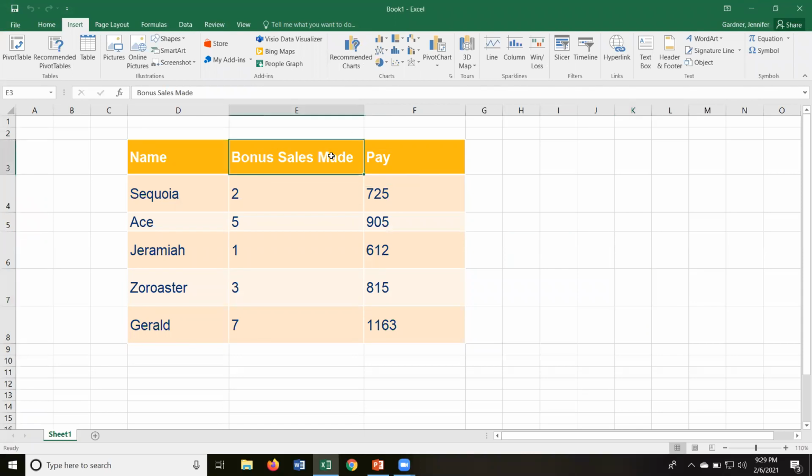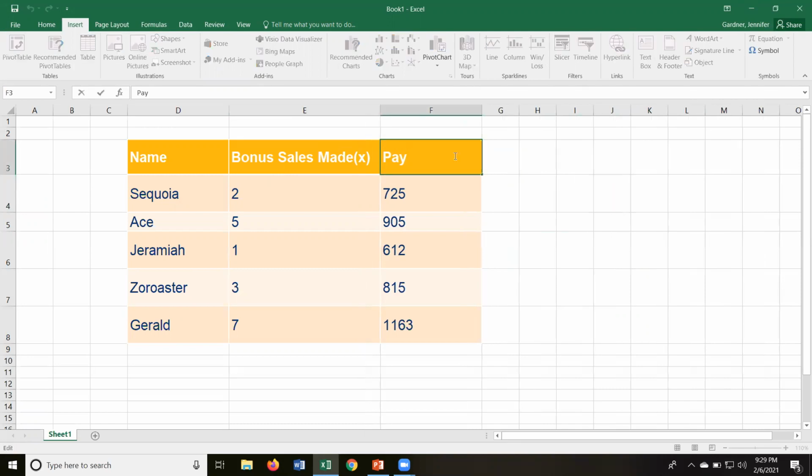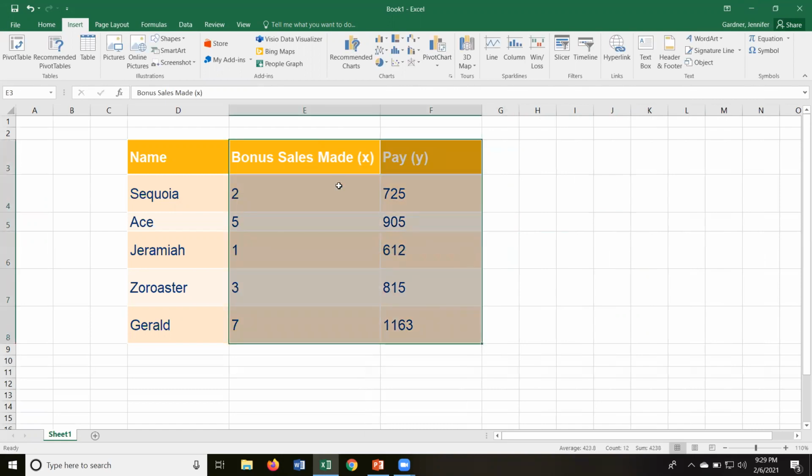And so we're going to use the bonus sales as X to predict our pay, which is Y, because this is the one we wish to predict. Okay, so I'm going to keep them in this order. Highlight, just click and drag with my mouse, the two columns, and I don't go past the numbers. I only include the ones I need.